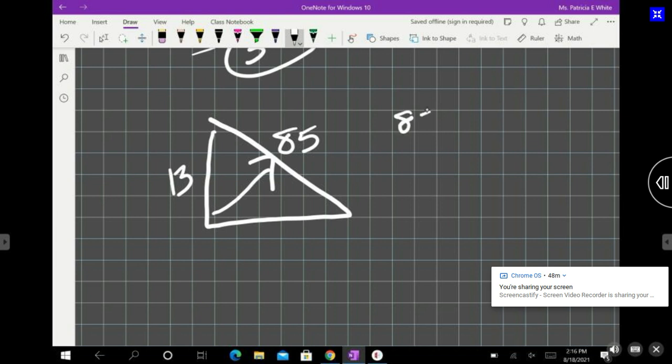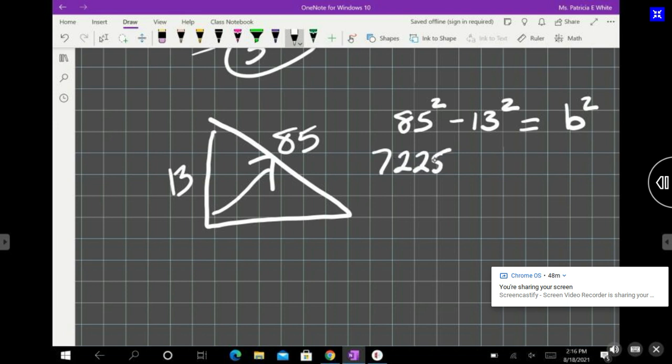85 squared minus 13 squared equals A squared. Okay? How we doing? Good. Kind of getting some of it? You gotta get yourself involved. You gotta make sure you're the one learning. 85 times 85 is 7,225.